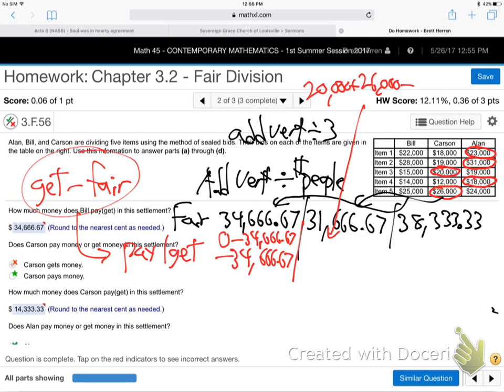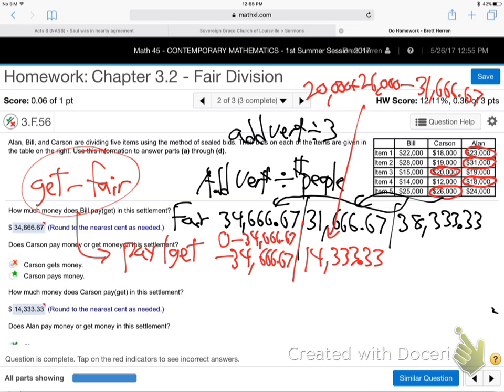That's what he got minus his fair share, which is 31,666.67. So what's that? 46 minus 31,666.67 is 14,333.33. It's ridiculous they have us do cents.